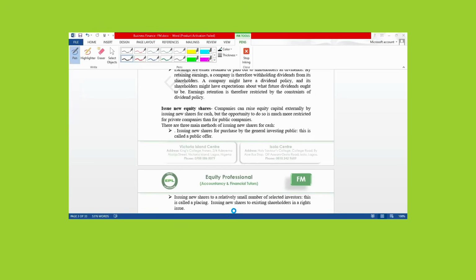So, a public offer should be used if a company is planning to raise a substantial amount of finance.